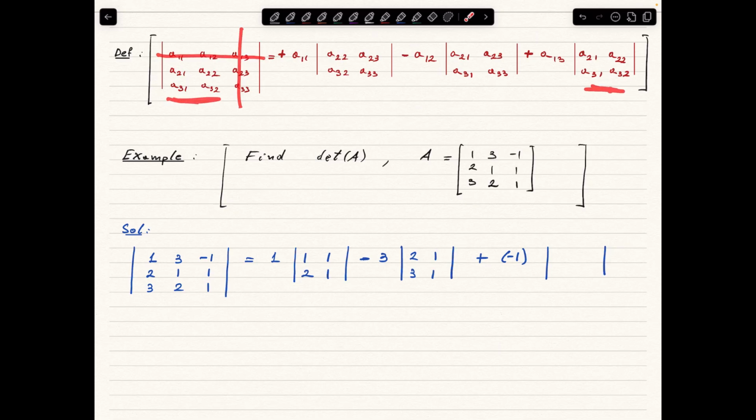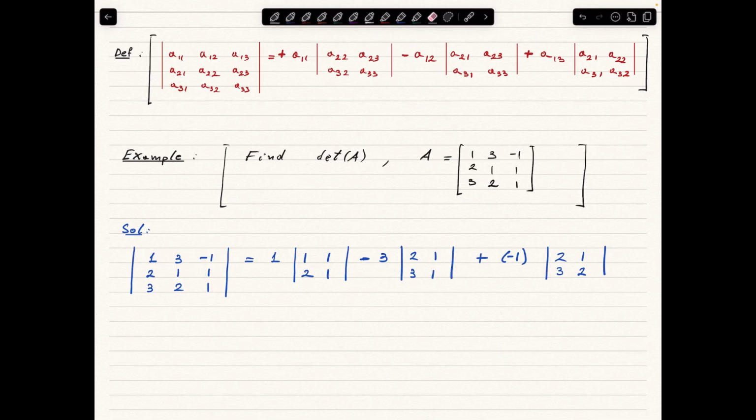So back in our example, this is the coefficient we are dealing with, so we eliminate that column and that row, and what remains is what goes here: 2, 1, 3, 2. There. That is the recursive formula.